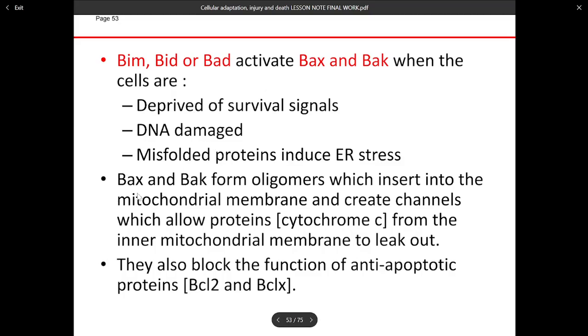BAX and BAK form oligomers which insert into the mitochondrial membrane and create channels which allow the protein cytochrome C from the inner mitochondrial membrane to leak out. They also block the function of the anti-apoptotic proteins, BCL2 and BCLX. It's self-explanatory.